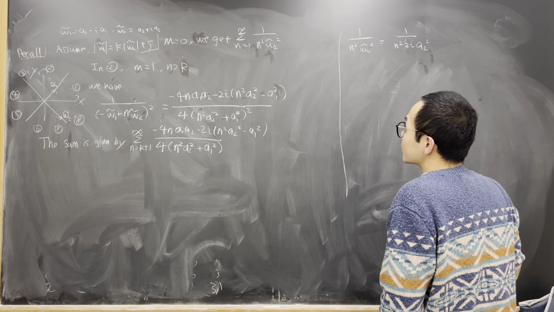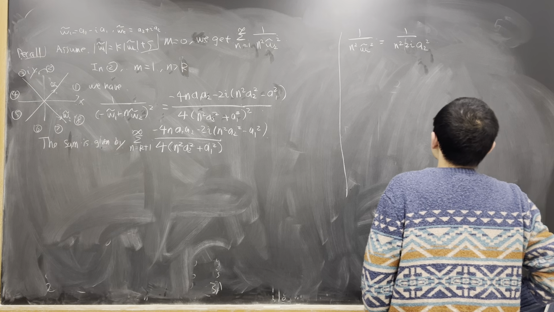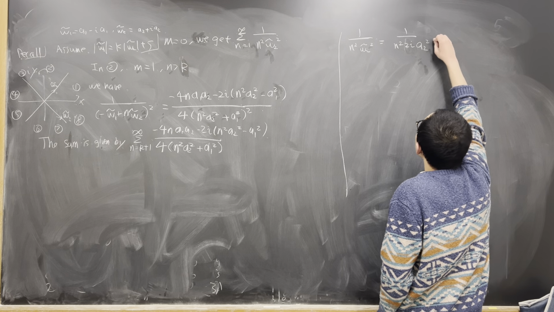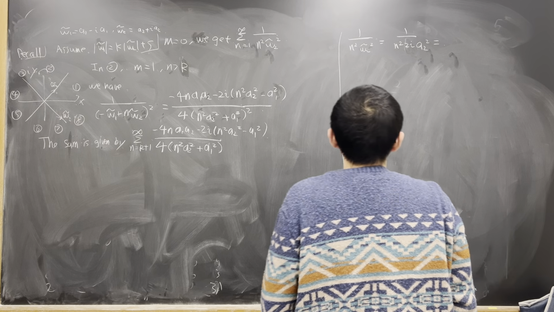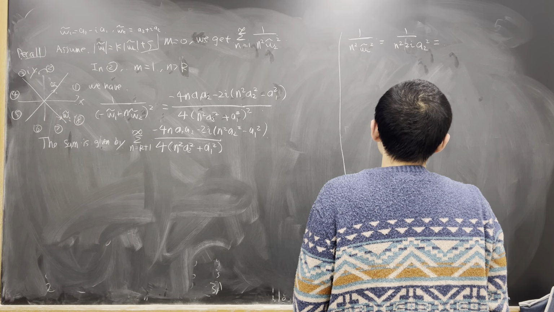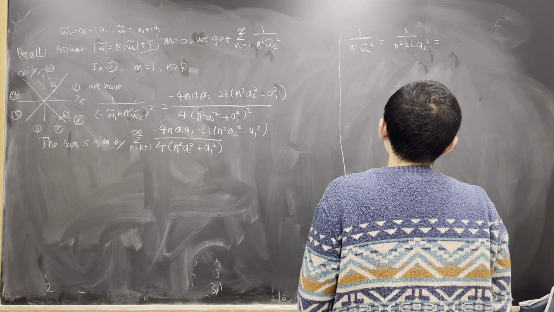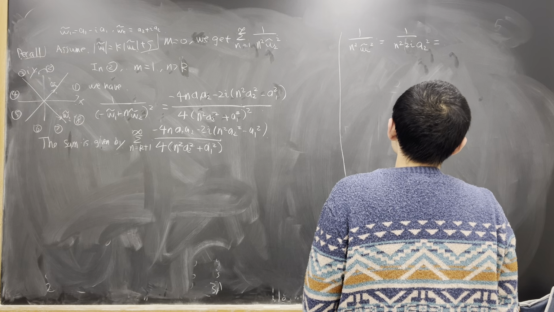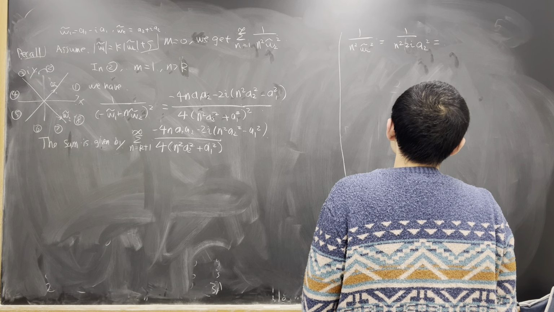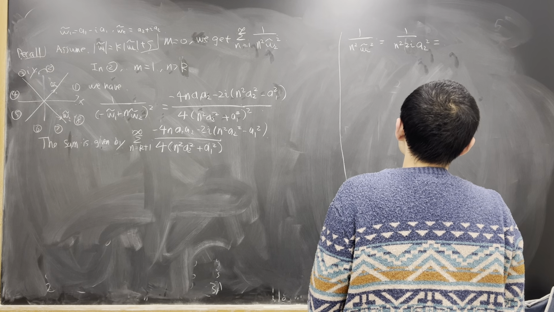So what is 1 over 2i? It is just negative i, because you multiply by 1 over i.